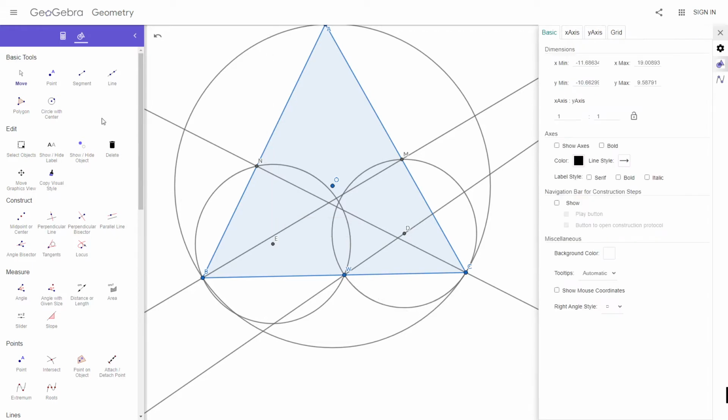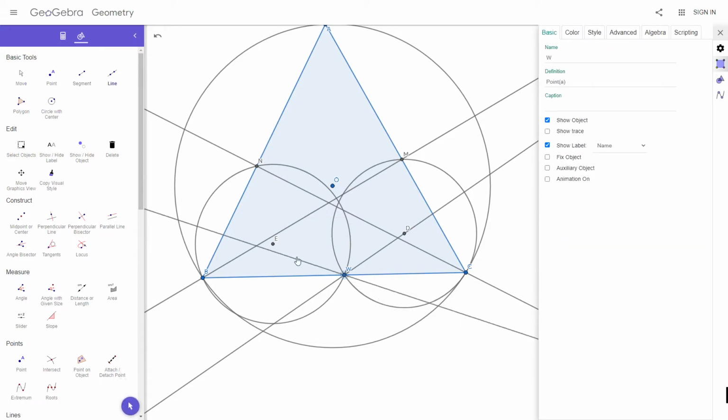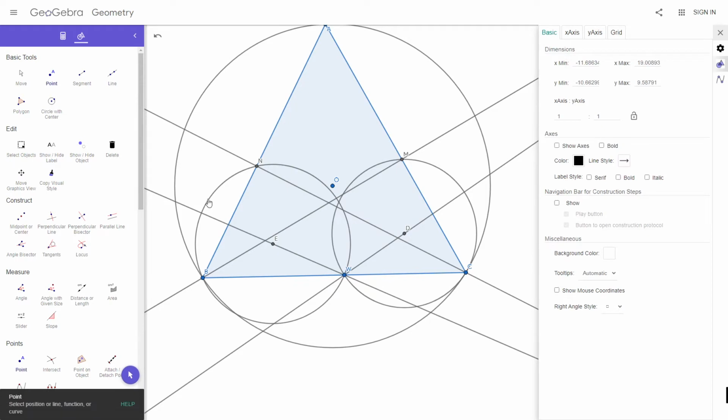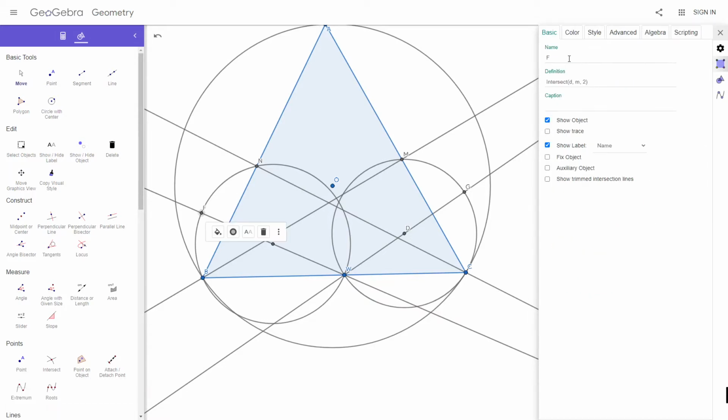I'm interested in seeing those, and then we just draw the line. And that gives us the point here, which is X, and this point here, which is Y. Let's rename that X, and this one is Y. And we have H, which is the orthocenter. So this is going to be the orthocenter here.